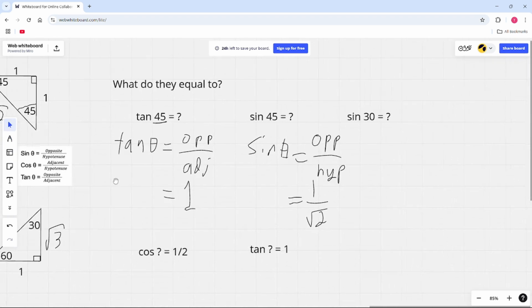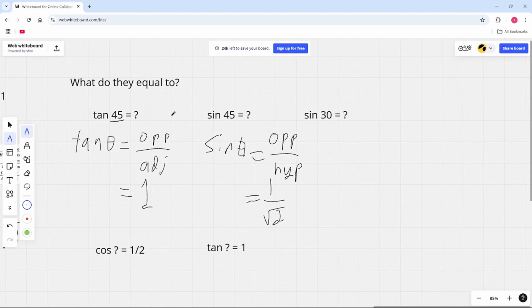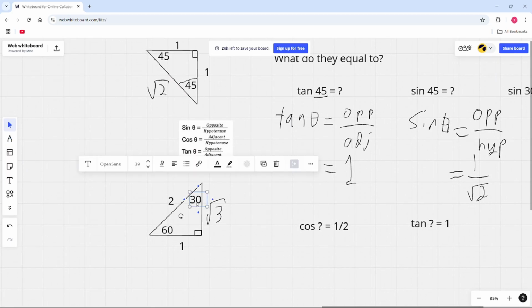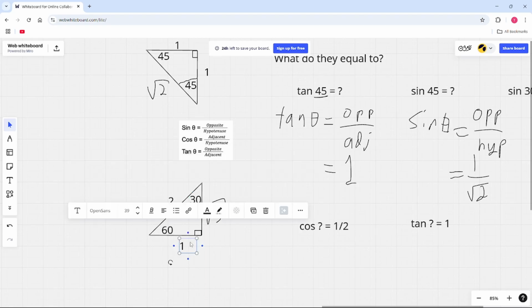Let's take a look at sine 30. We know sine theta is equal to opposite over hypotenuse. So angle 30 degrees is over here. Now the side length opposite to 30 is 1.